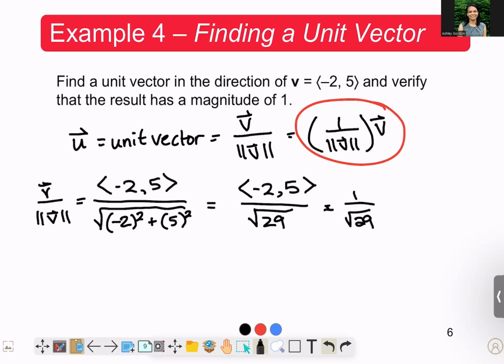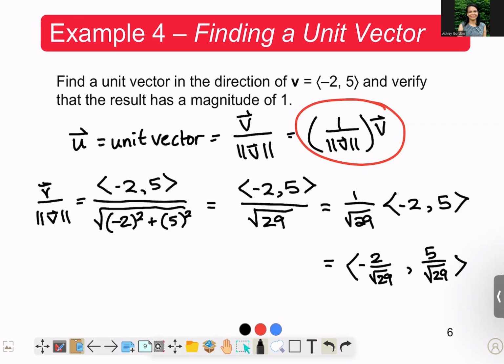So this would be like scalar multiplication. And we know that we would just be multiplying by each component. And so that would give us -2 over the square root of 29. With fractions, you just multiply a whole number on the top, over the square root.